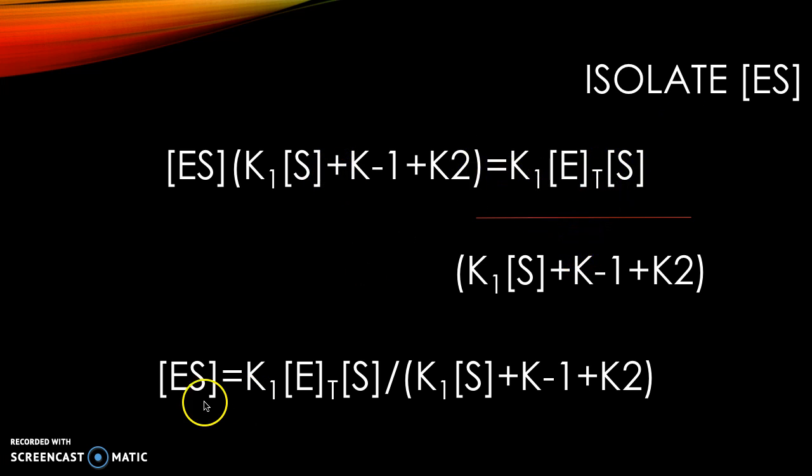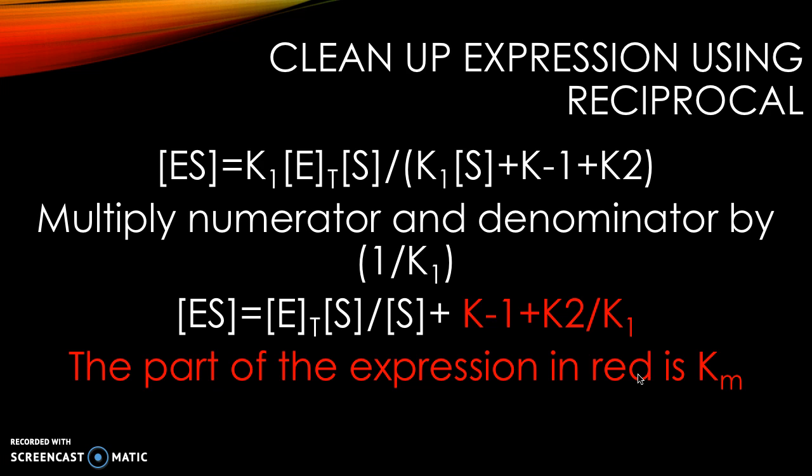You end up with the following equation, where the ES complex concentration equals K1 times the total enzyme concentration times the substrate concentration, divided by K1 times the substrate concentration plus K-1 plus K2. From there, we can clean up this expression a little bit by using the reciprocal.